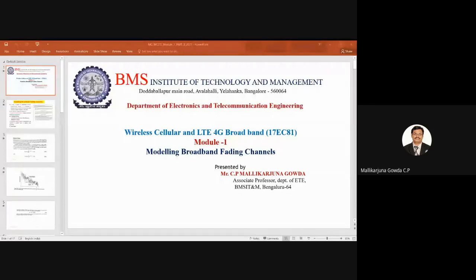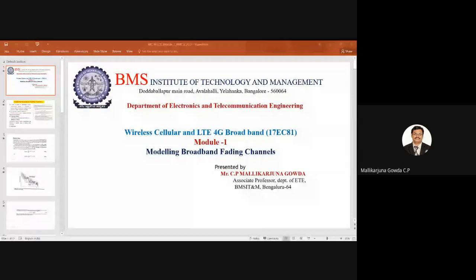But the advantage is it can provide greater time diversity. To relate coherence time to the Doppler spread, Tc is equal to 1 by fd. So coherence time and Doppler spread are inversely proportional.